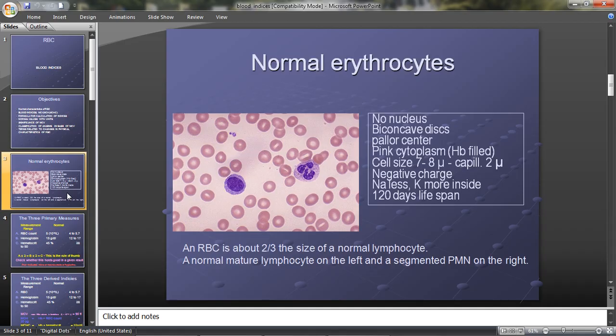The point to remember is that the average cell size is 7 to 8 micron. There is a negative charge on the surface. Like all cells, it has got less sodium and more potassium. The average lifespan is about 100 days.